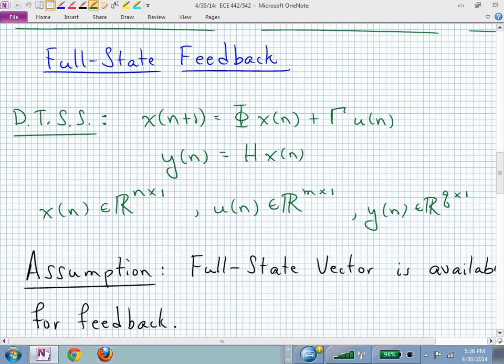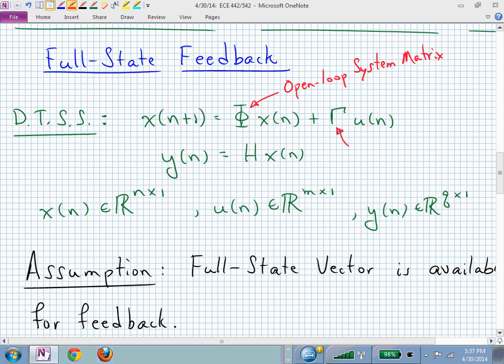We have a state space representation, a DTSS, discrete time state space. Our system matrix is phi. So this is now our open loop system matrix. If our system is third order, phi is square, it's 3 by 3.